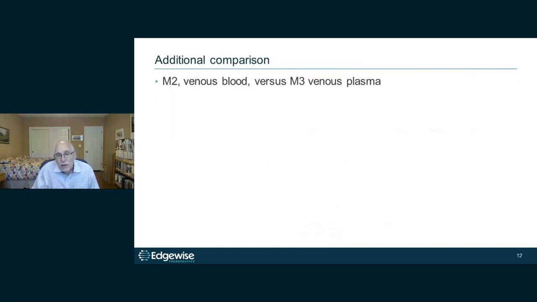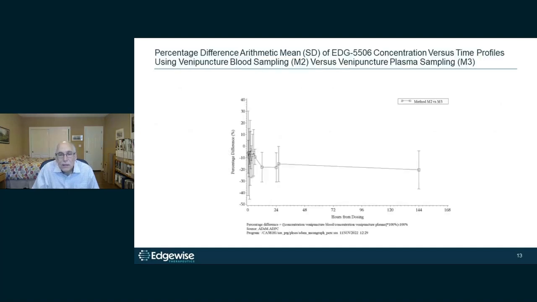So we did obviously some other comparisons, venous blood versus venous plasma. And you can see here, we're looking at the percent difference. And again, the early time points have high variability. A little more difference at the later time points compared to the TASO versus the plasma.